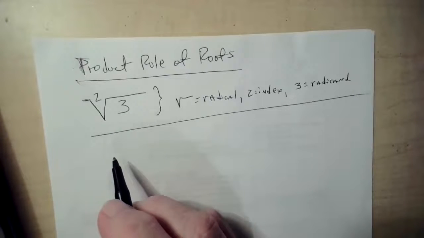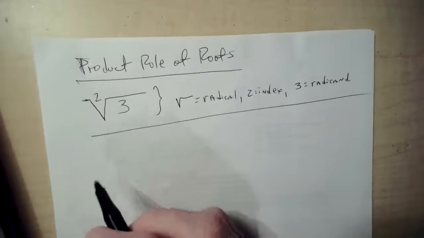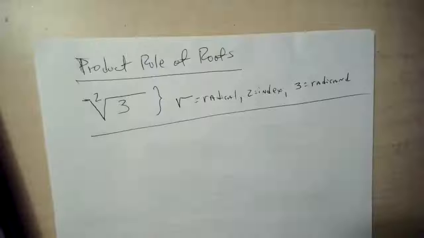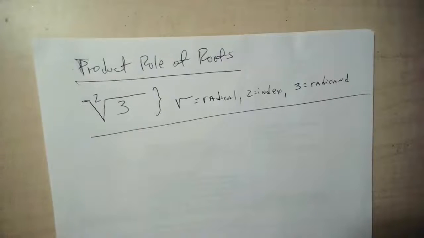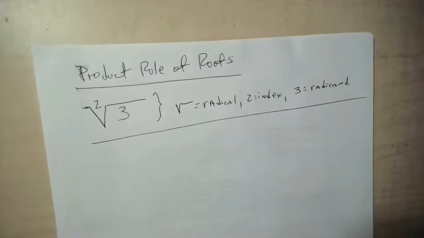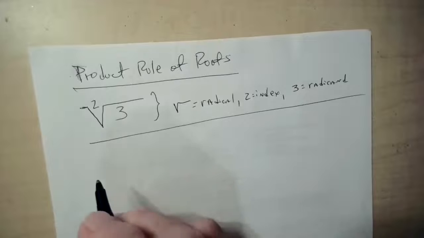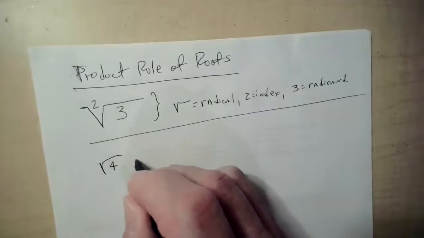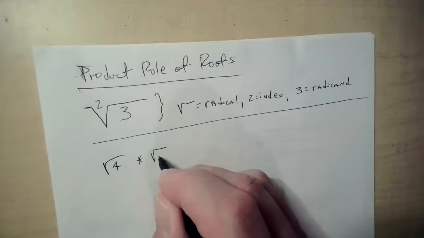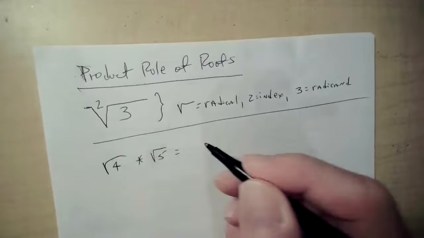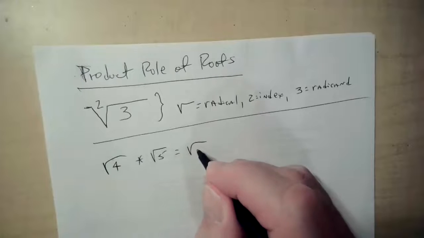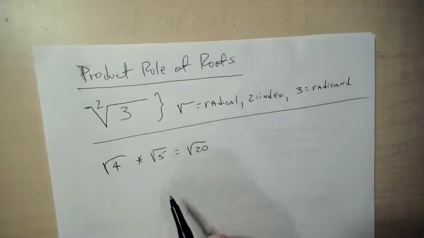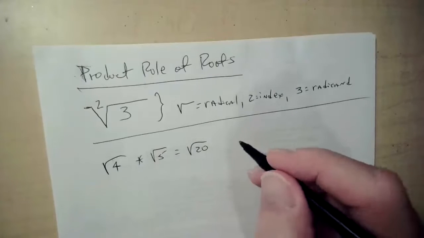Now the product rule of roots is real simple. It's very similar to the rules for exponents. If we have the square root of 4 times the square root of 5, this is the square root of 20, right? 4 times 5.